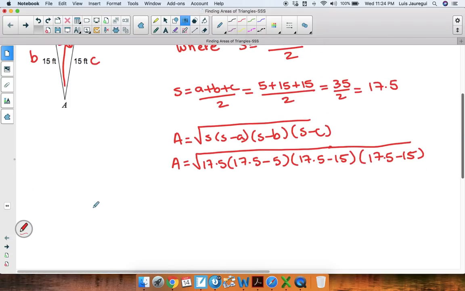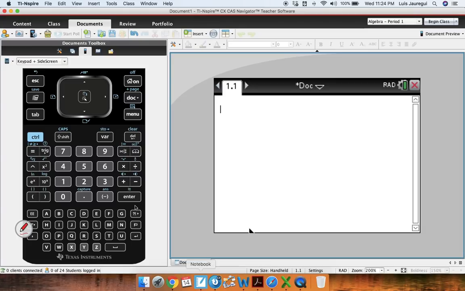Now, to figure out the approximate value to the nearest tenth, we're going to use technology. In my case, I'm going to use the TI-Nspire.